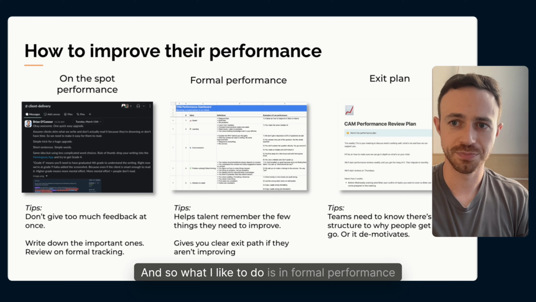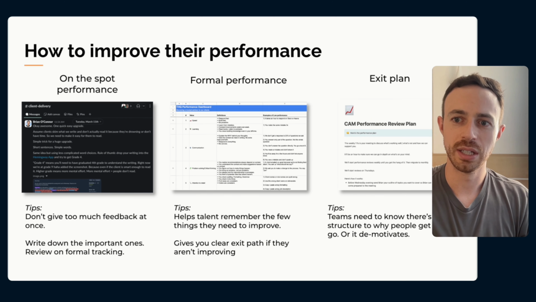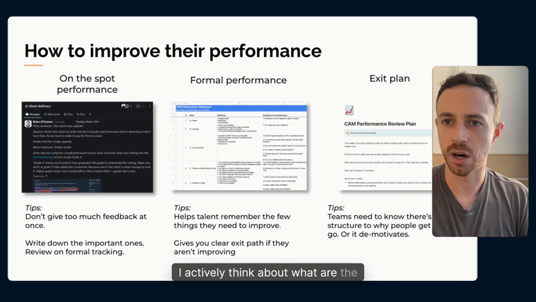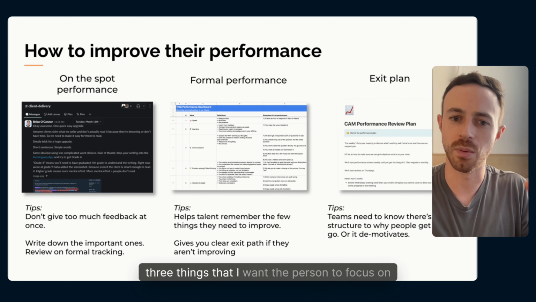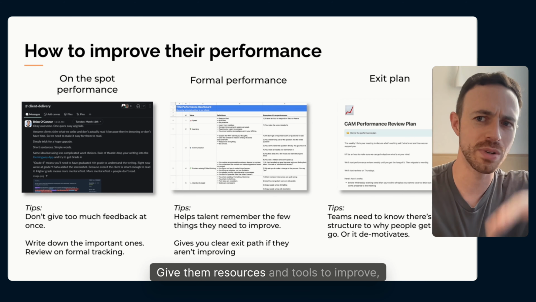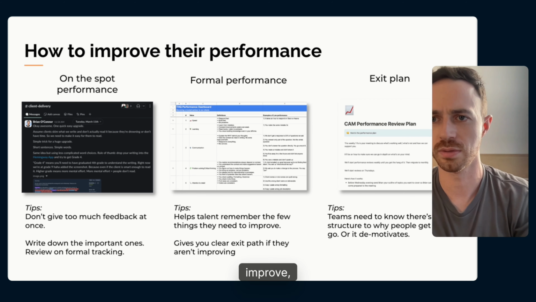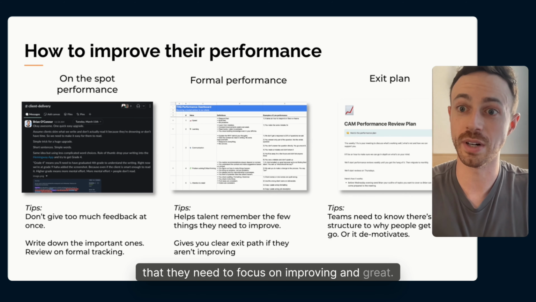What I like to do in formal performance is actively think about what are the 3 things that I want the person to focus on, and we're going to track consistently and give them resources and tools to improve. That way they only have a few things in their head that they need to focus on improving, and great.